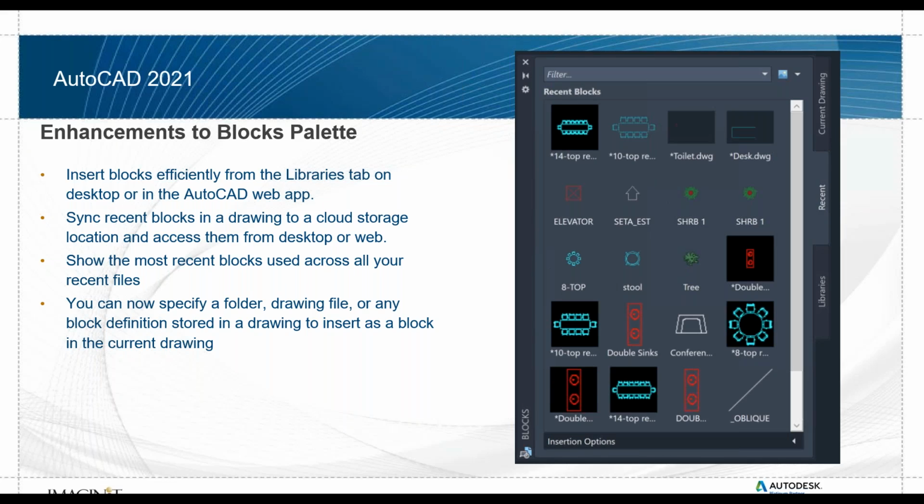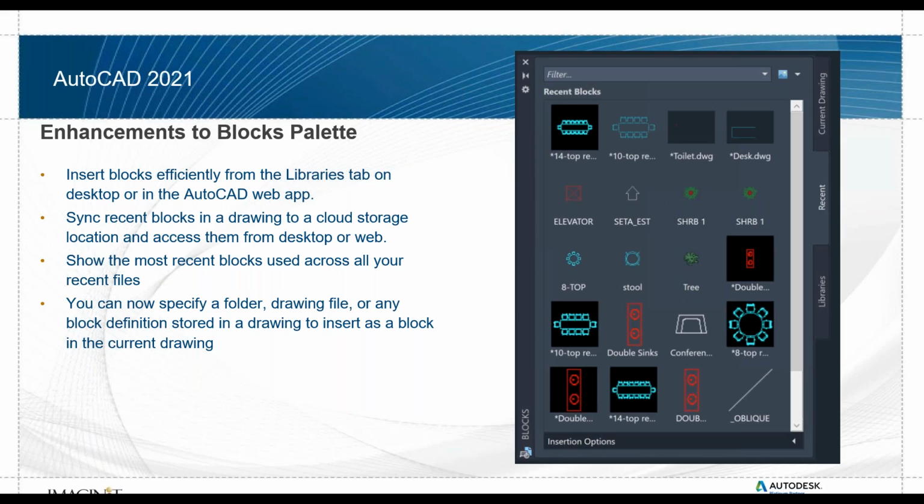But this will actually translate up to model blocks, if you're using the web application or if you're using the AutoCAD app, you will see the similar current drawing blocks. Same with recents. You'll be able to see any recents. Now that goes across projects, goes across drawing files. So if you've used a block in a different project, the recents will show up.